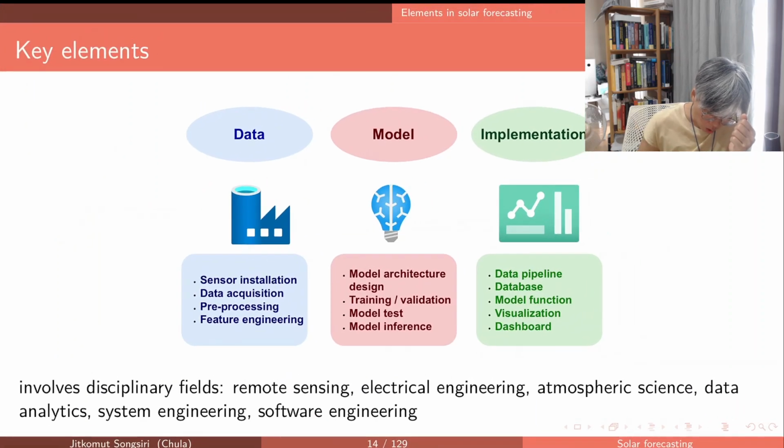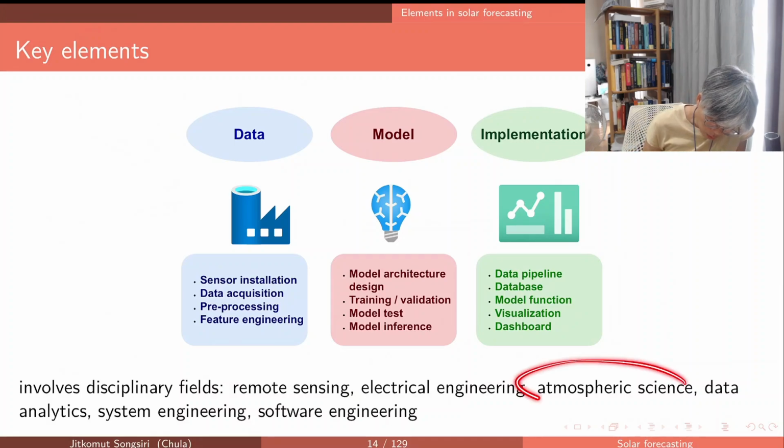Okay. So all of these schemes, all of these elements involve many fields, starting from remote sensing, from EE, because the variables that we are dealing with the most are the electrical load, right, and solar power, solar irradiance.